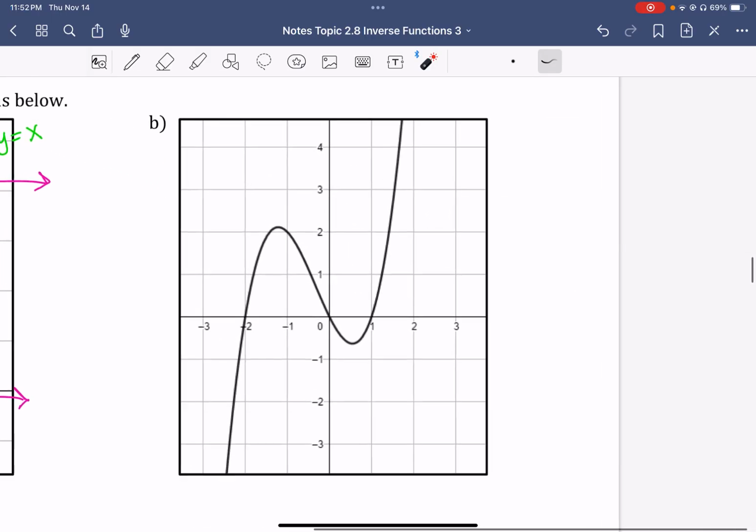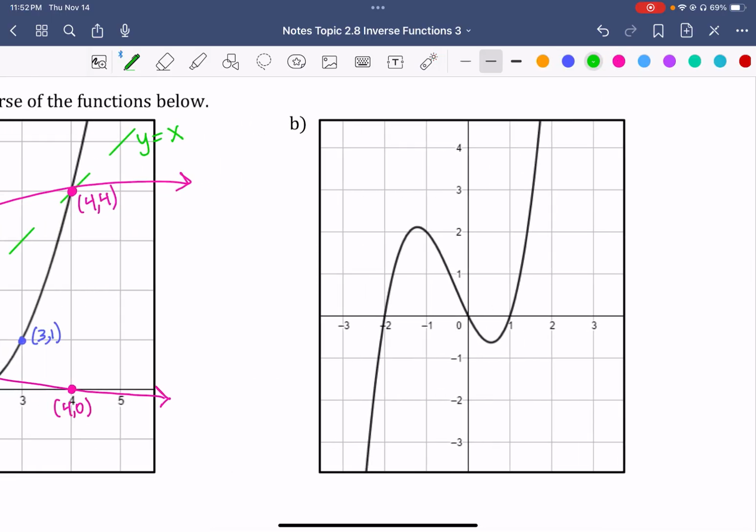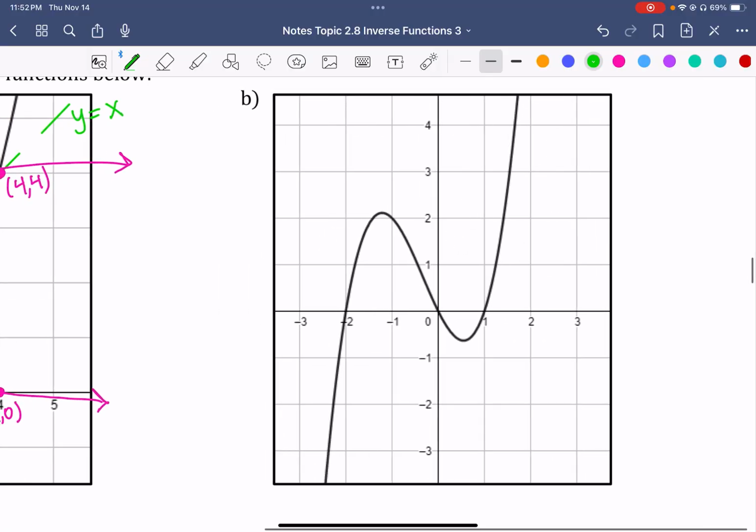Let's try another one. So again, the first step is to sketch y equals x. So I'm drawing first a little line through the origin to represent my y-intercept at 0. And then I'm going to keep going up diagonally, going through the little grid intersection right there in between the little box.